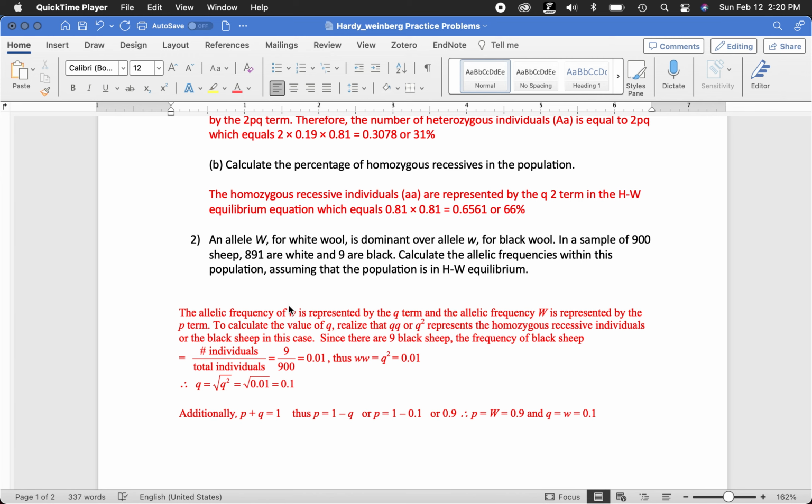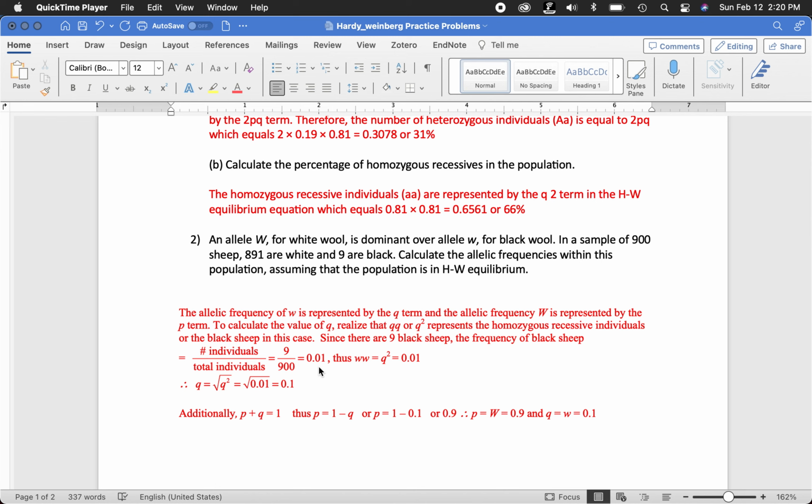So in order to calculate the value of Q, you first have to get the percentage of Q, of recessive, which is the black sheep, right? The black wool. So it's telling you that 9 out of 900 are black. If you just divide that, that is 0.01, or the same thing as saying 1%.